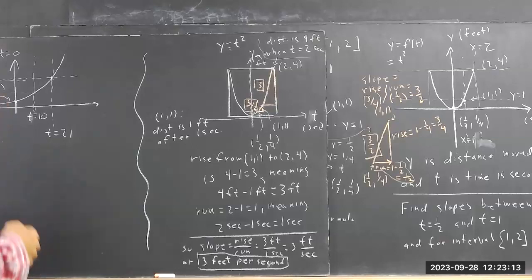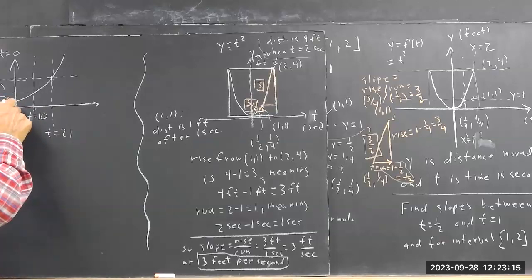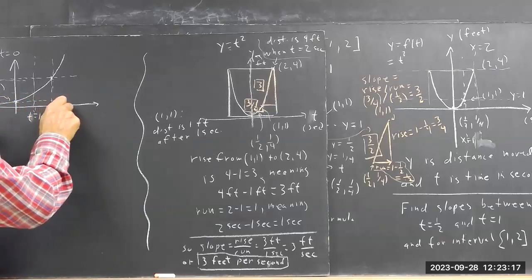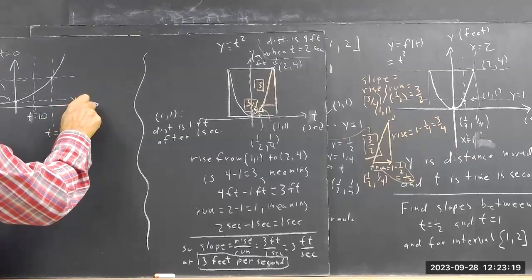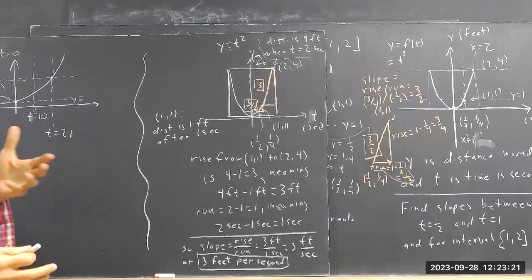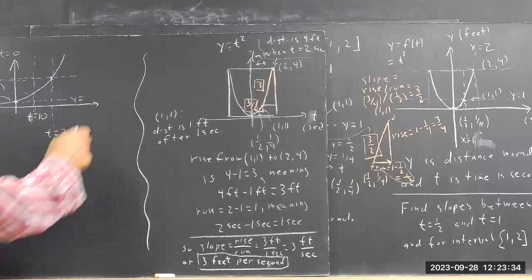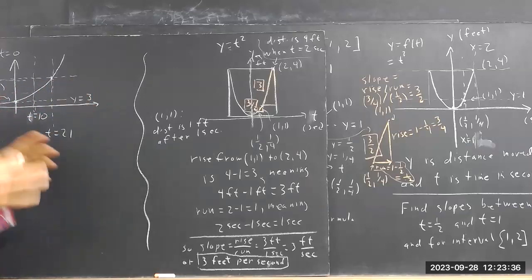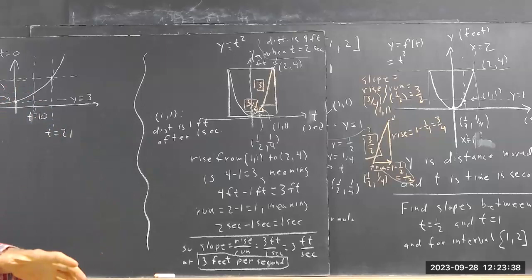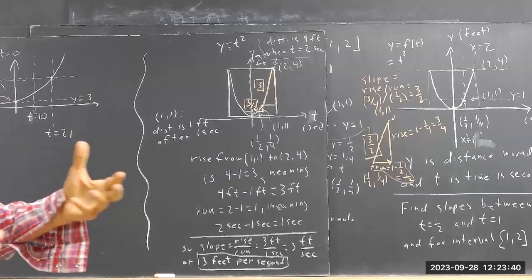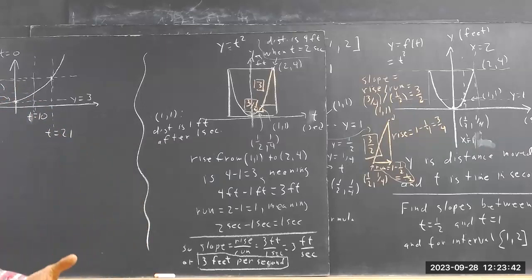Okay. Now, what's the y-coordinate here? It's the y-coordinate of this point. 3. Okay. So everywhere on this horizontal line, y equals 3. Really make sure you understand that, because it's really kind of central to understanding what graphs are telling you.